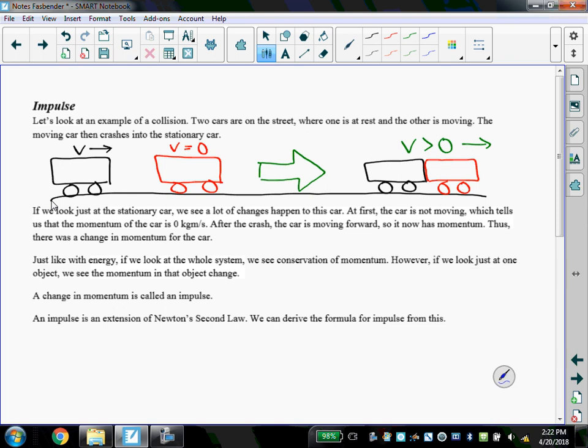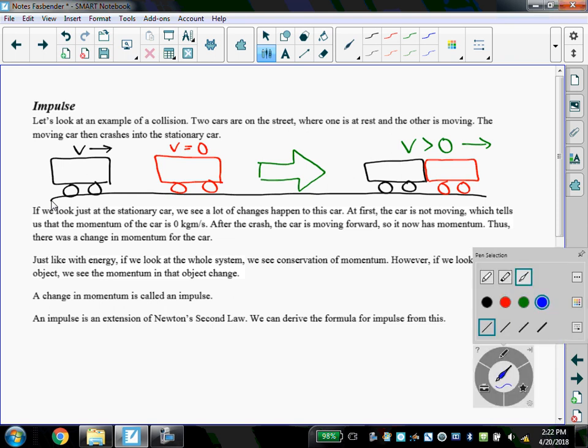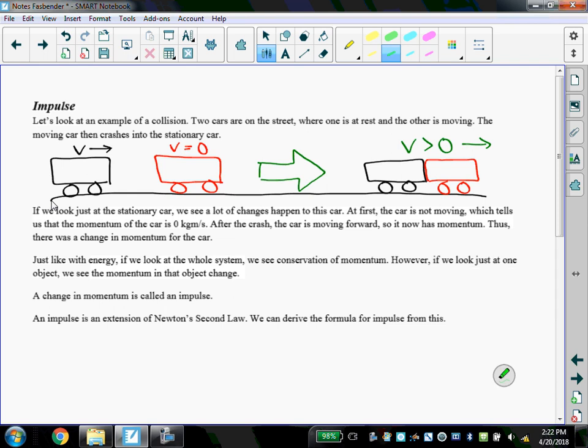But if we look just at car number 2, the one that is in red, well, we see that originally it has a velocity of 0, which also means that it has a momentum of 0. But if we just look at car 2 after, well, now it's got some velocity greater than 0, therefore its momentum is greater than 0.